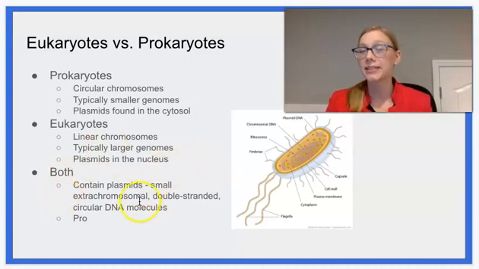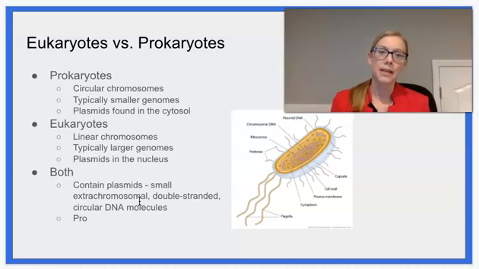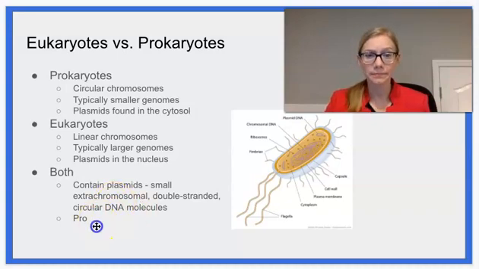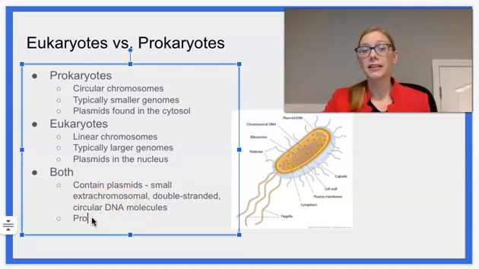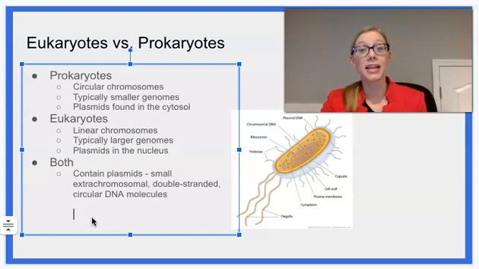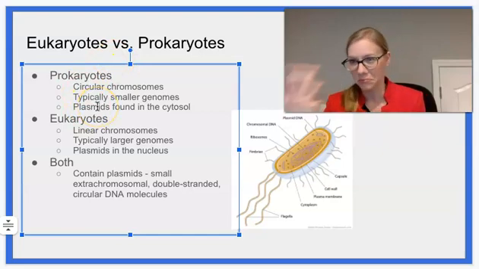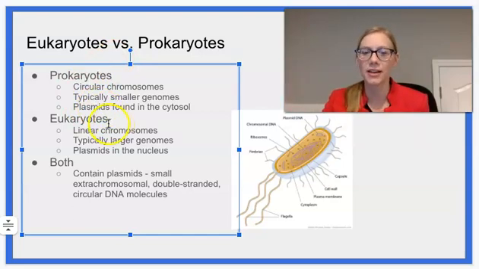Now, both contain these things called plasmids. And these are just small, extra-chromosomal, double-stranded, circular DNA molecules. And we can find them in both prokaryotes and eukaryotes. Where they're found, however, is a little bit different. In prokaryotes, we find them in the cytosol, the liquidy part of the cell.